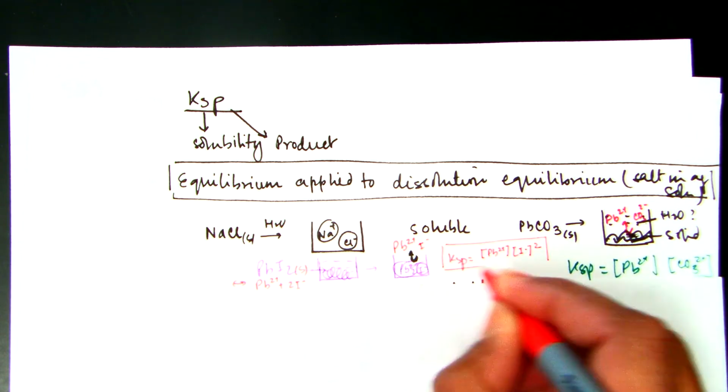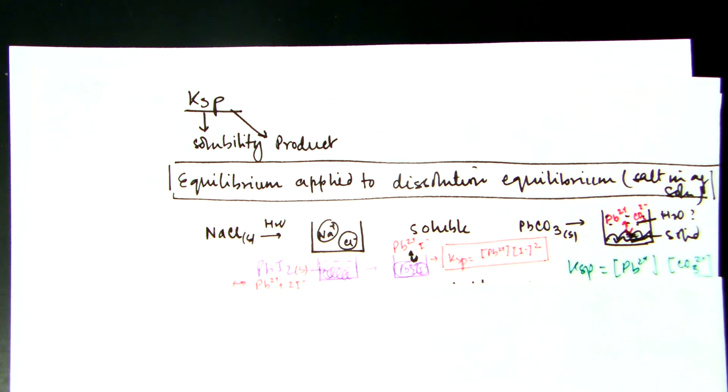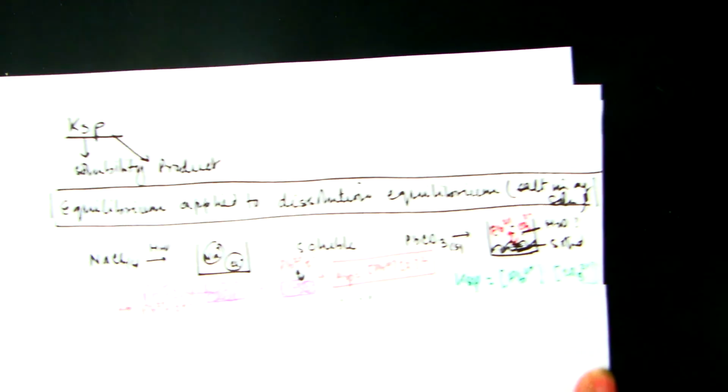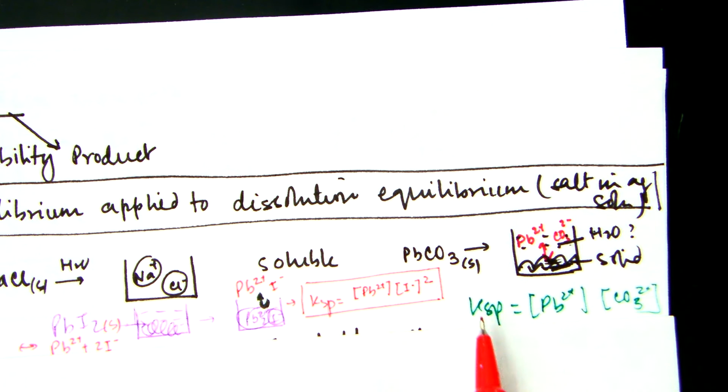Let's take the example of another precipitate like PbCO3. This is again a precipitate, so you might be confused here. We can apply Ksp equilibrium either to a precipitate or to a salt that dissolves in very, very small amounts, so it looks like it's just sitting in the solution. Most of the examples I have here are precipitates, but this applies as well to a sparingly soluble salt that has made a saturated solution.